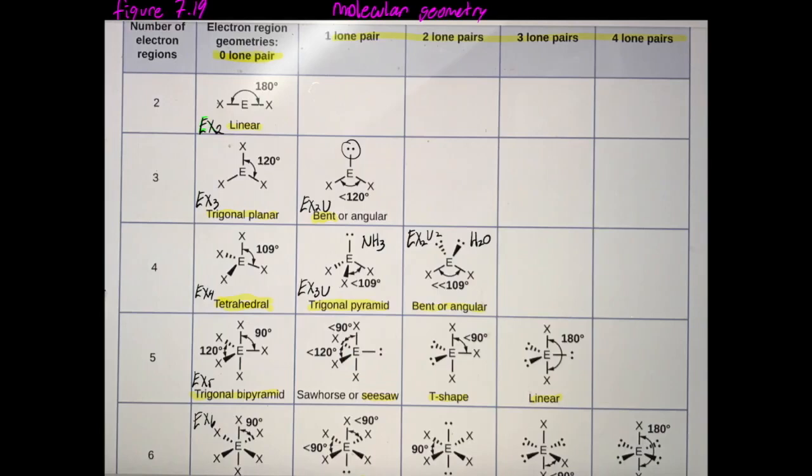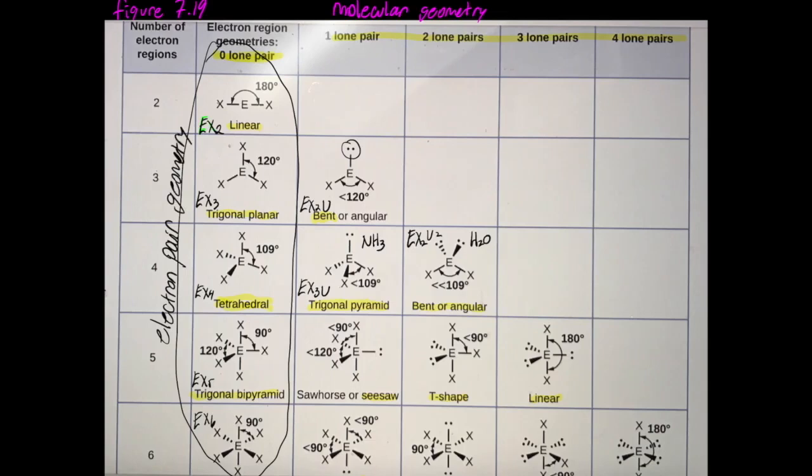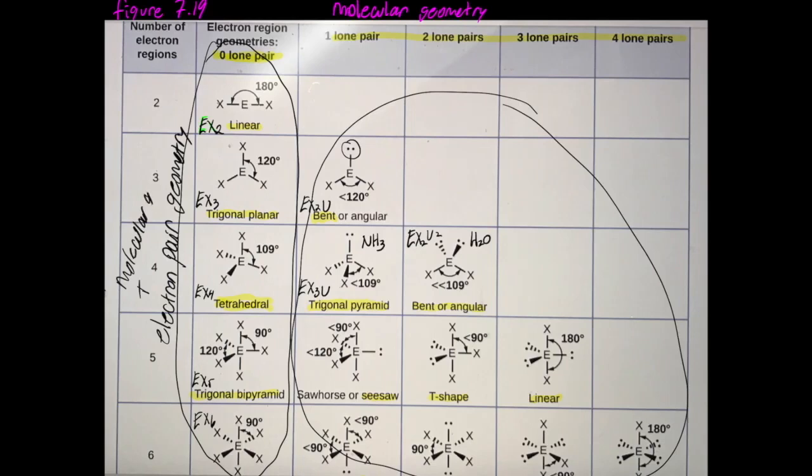These right here are called electron pair geometries. And these over here are also called molecular geometries if you don't have any lone pairs. I just want to highlight what the book is saying. And over here, these are all molecular geometries. So that's how you do this.